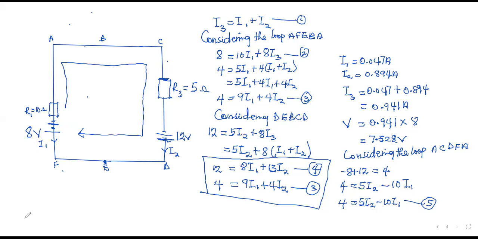Hello, Kenneth. Hey, what's the problem? So if I multiply equation 4 by 9, 72. You have 72 I1. Meaning we have multiplied equation 4 by 9.